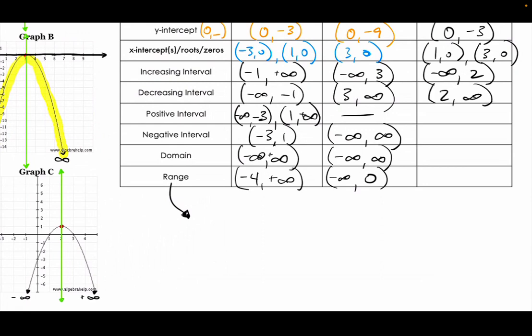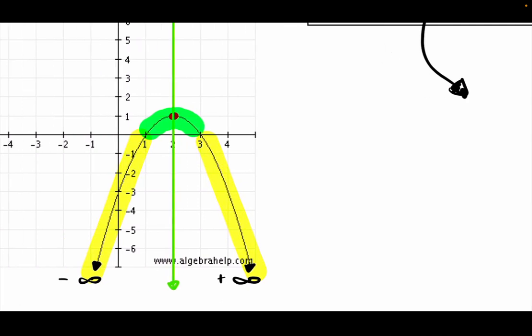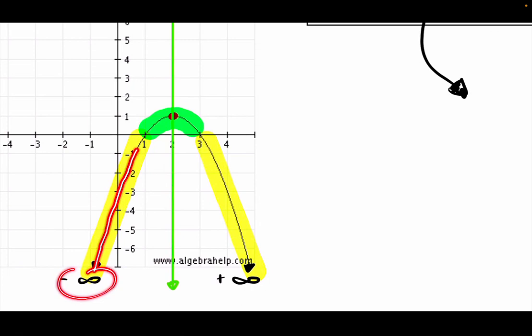Okay. Where am I above water? Where am I below water? Well, above, only a little bit. You're only above there, you're below the rest. Yellow is below, green is above. So from negative infinity, I come up out of the water at 1.